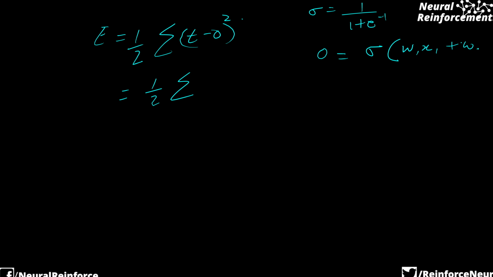Again, you can add the bias; I'm just skipping the bias for simplicity. In that case, it will be w0 x0 plus. So in that case this becomes t minus sigma of w1 x1 plus w2 x2, whole squared.